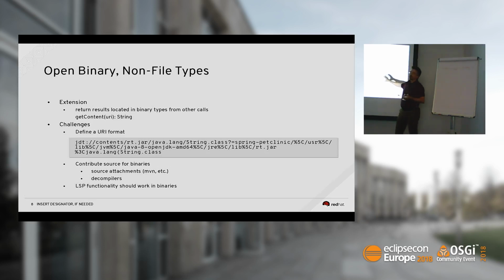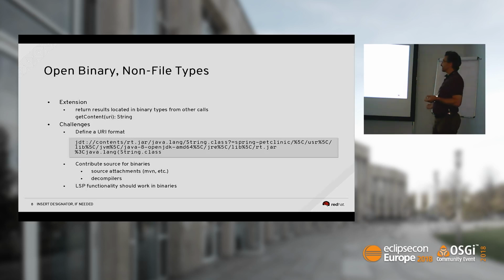In references or definitions, we need to get away from the file URI and define our own URI format. This is actually a copy from a request, opening the String class, more or less. You can see that you can't see much. It's very complicated, and you don't want to start parsing this.